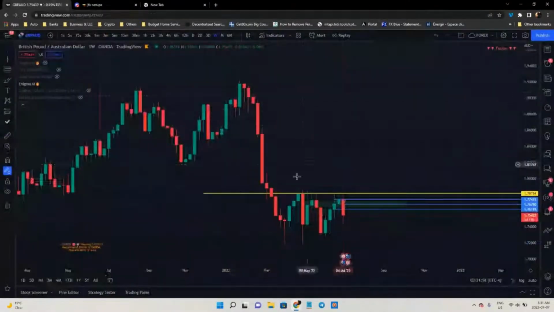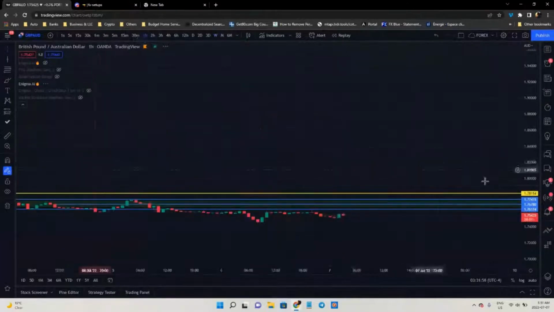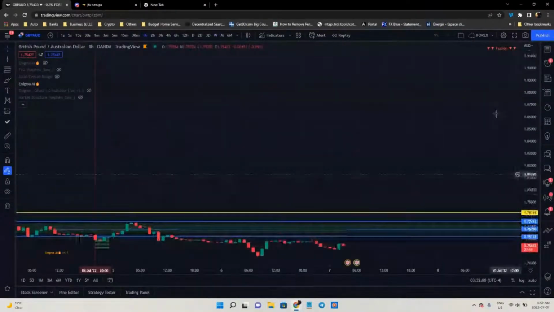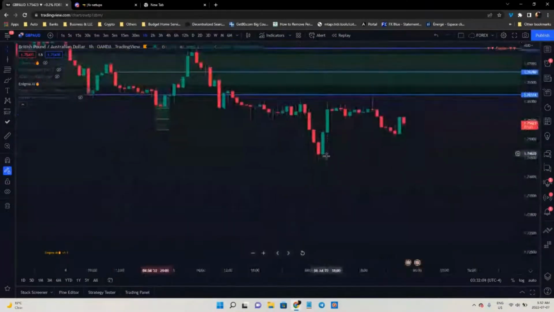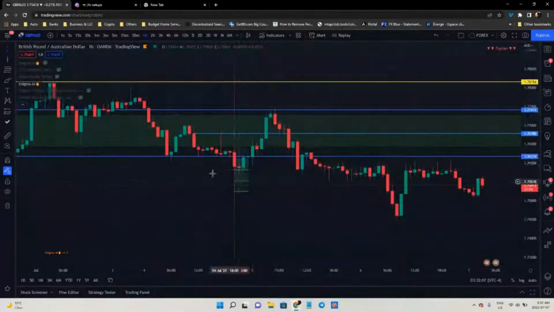So, like I said, GBPAUD, I wouldn't take that trade. Why? Monday. I want to make sure that I see exactly what the structure of the week is before taking any trade.